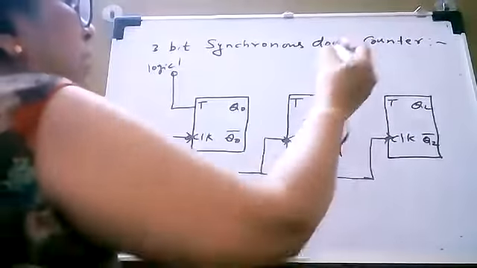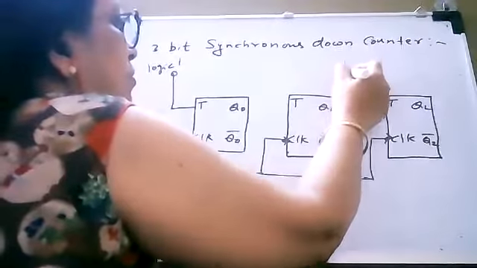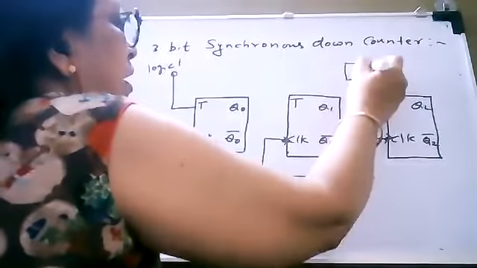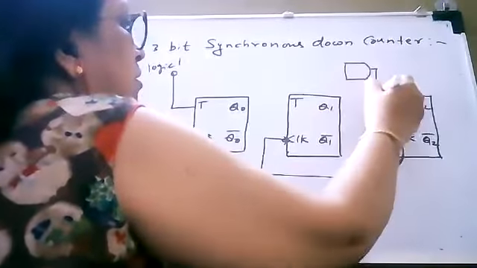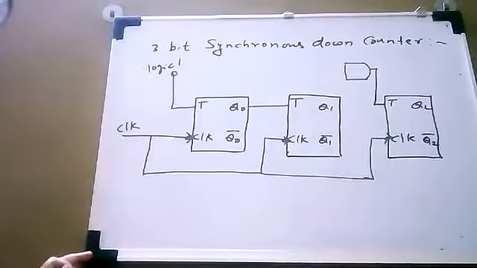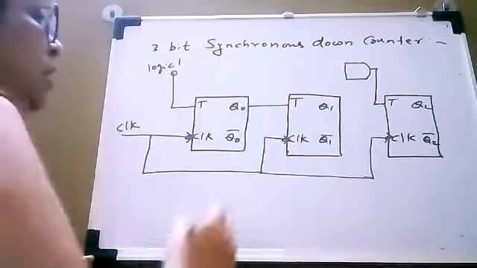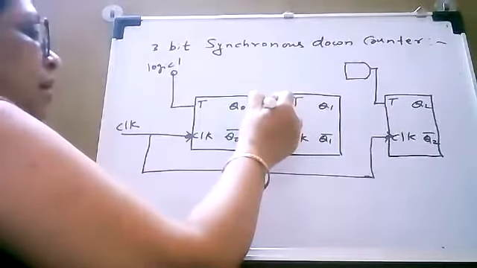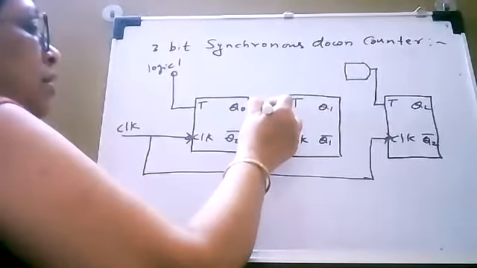And now here we are going to use AND gates. Okay. So let us connect the output of AND gate number 1 to the input of AND gate number 2.